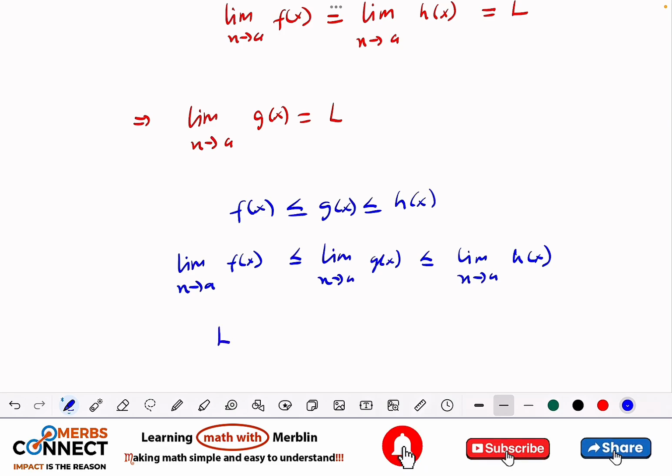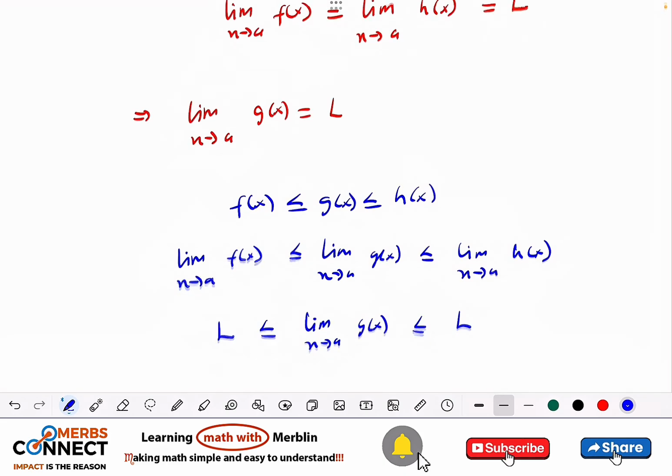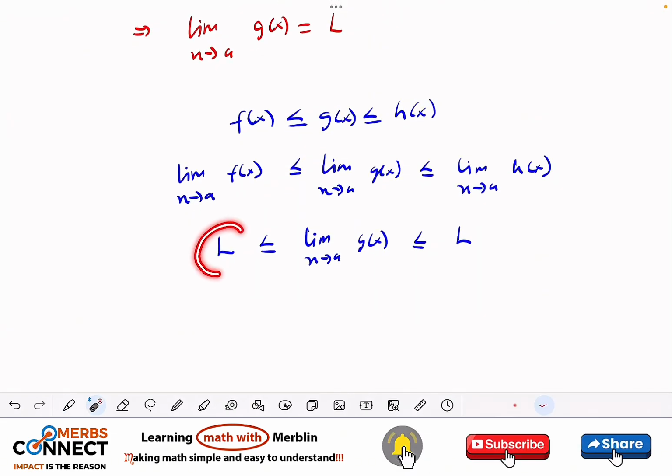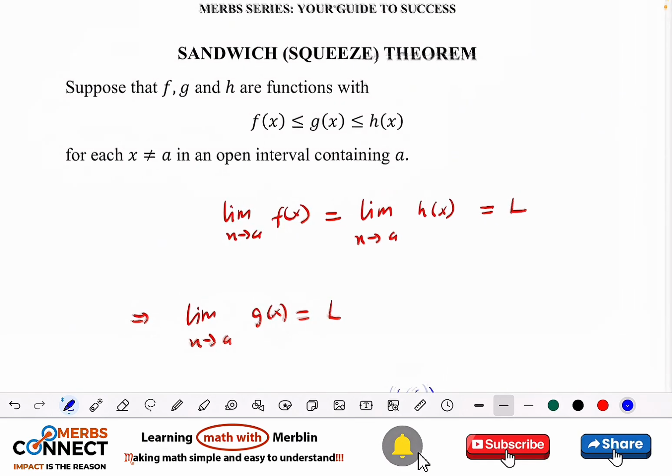Now we are assuming that this is L, and we are also assuming that this one is also L, right? Then we can see that the left is the same as the right. So this implies that the limit as x approaches a of g of x is also equal to L. So that is the squeeze theorem.